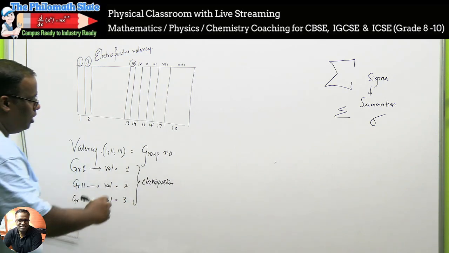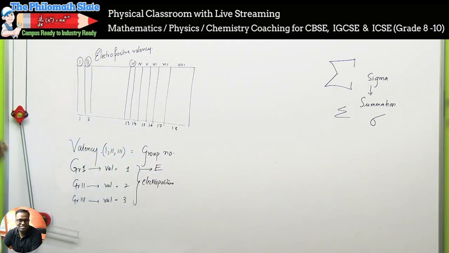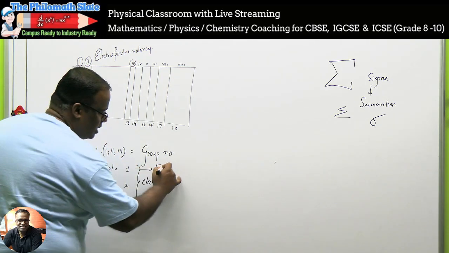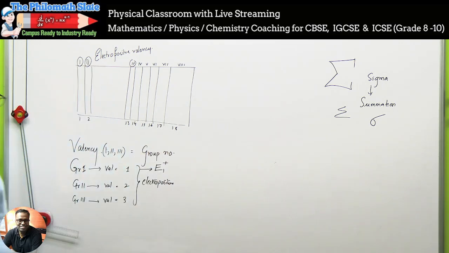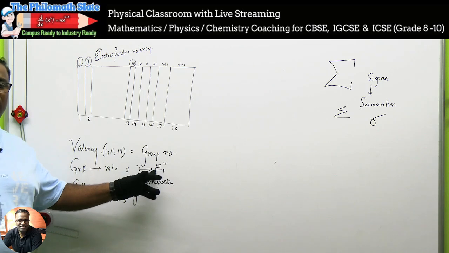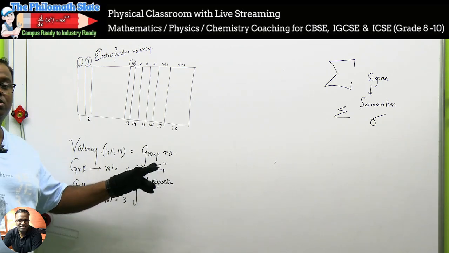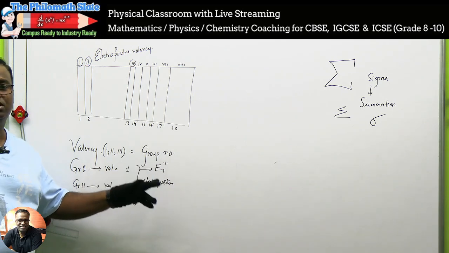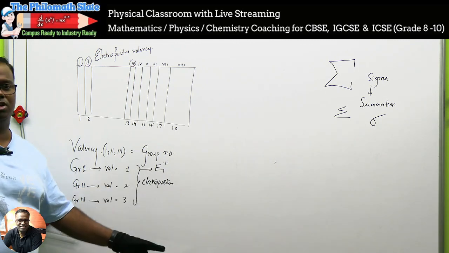So if the group 1 elements are represented by E1, generic, the E1s will always form E1 plus. And what are the E1s? Hydrogen we never consider as group 1. Hydrogen does not have a place. Lithium, sodium, potassium, rubidium, cesium, francium.